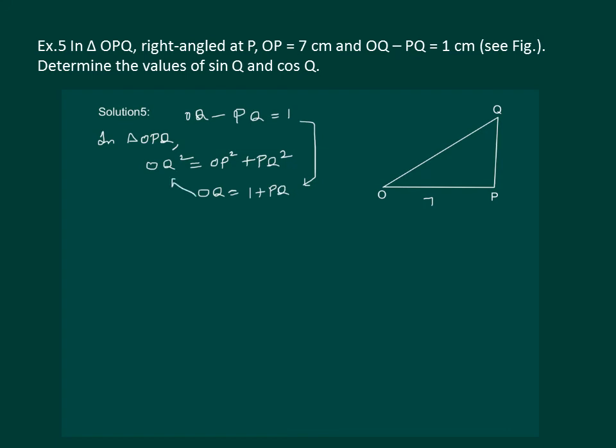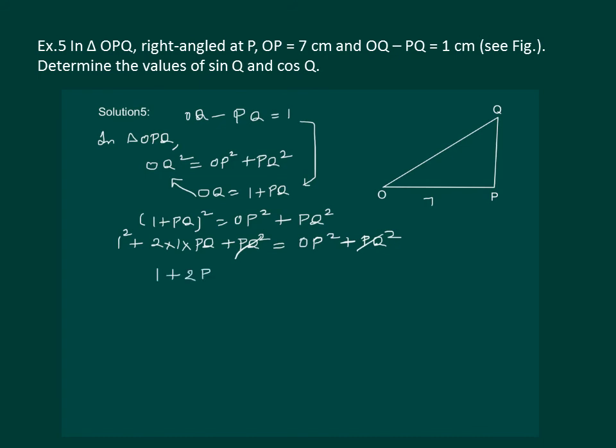So substitute here, we get 1 plus PQ whole square equal to OP square plus PQ square. Solving this further, use the formula for A plus B whole square, expand. Now PQ square and PQ square get cancelled. We are left with 1 plus 2PQ equal to OP square.